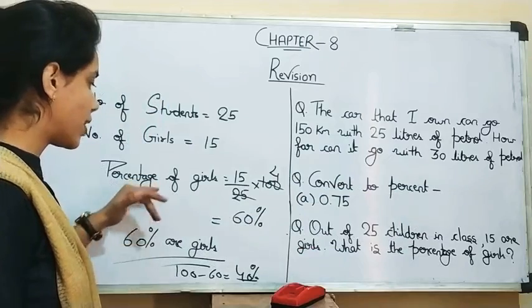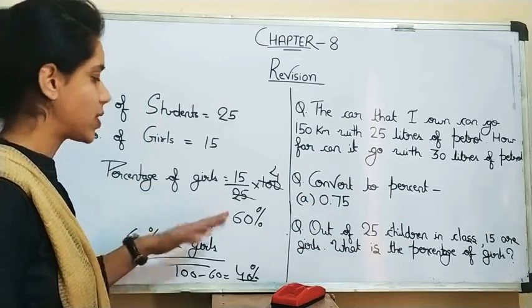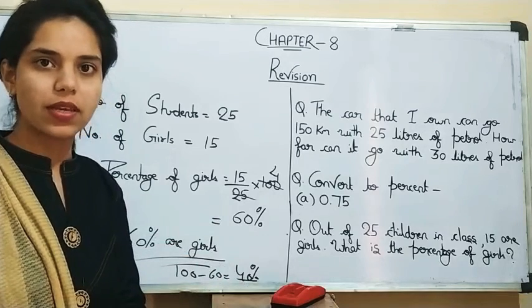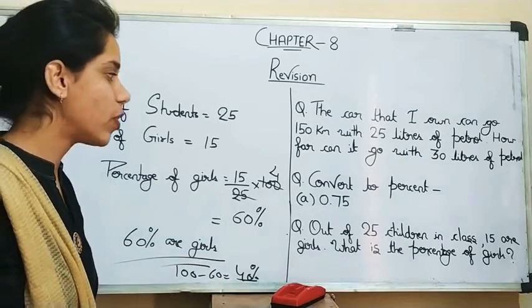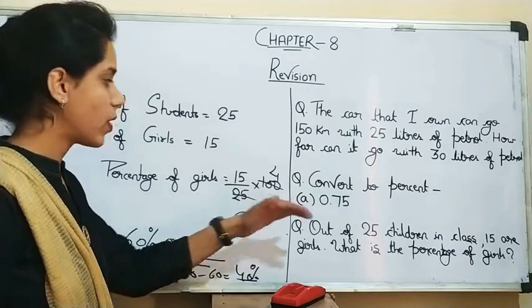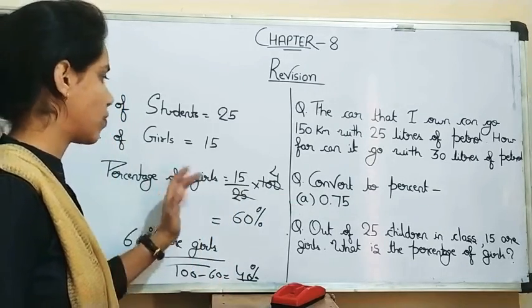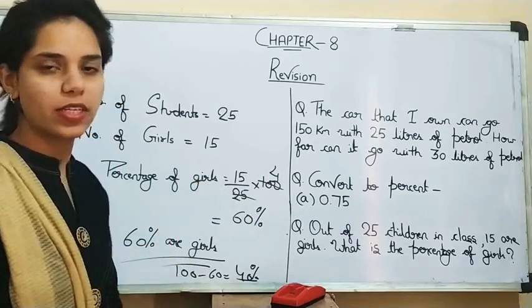First find the percentage of girls, then subtract it from 100, and you will get the percentage of boys. Or you can find it directly also, but the best method is to find the percentage of girls, then find the percentage of boys.